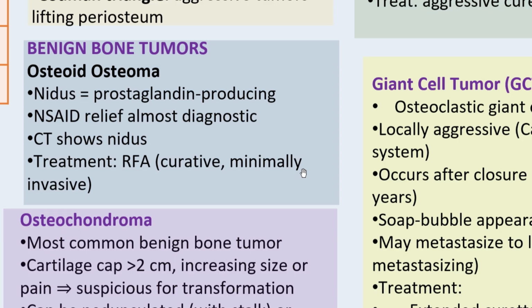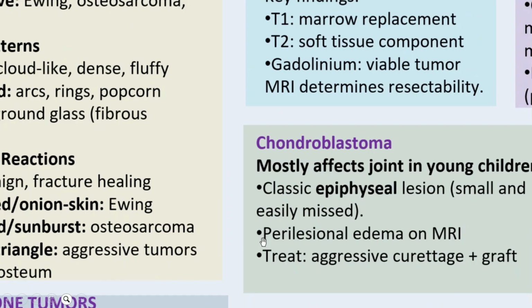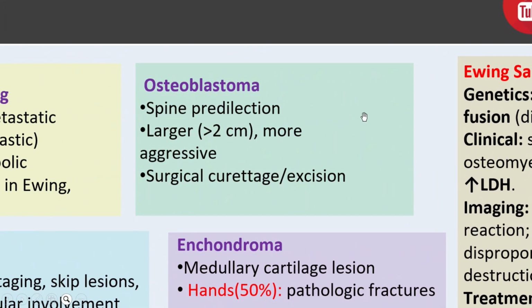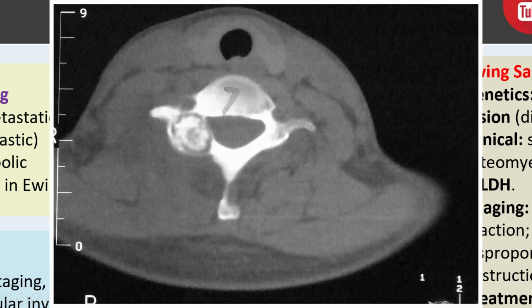And then we have a tumor similar to the osteoid osteoma, and that is the one we call the osteoblastoma. Now, the osteoblastoma is going to behave like an osteoid osteoma. The only difference is that it is larger, greater than 2 centimeters, and more aggressive. And the osteoid osteoma, unlike the osteoblastoma, occurs more in the limbs.